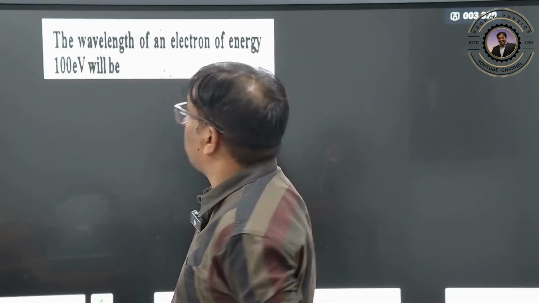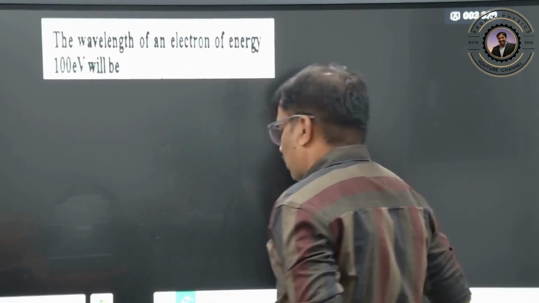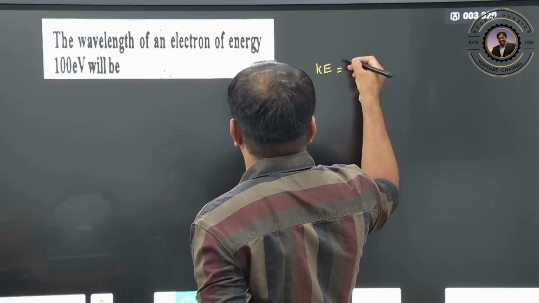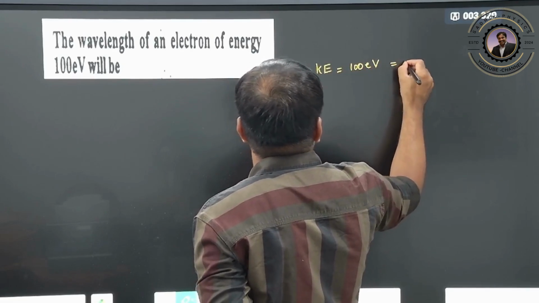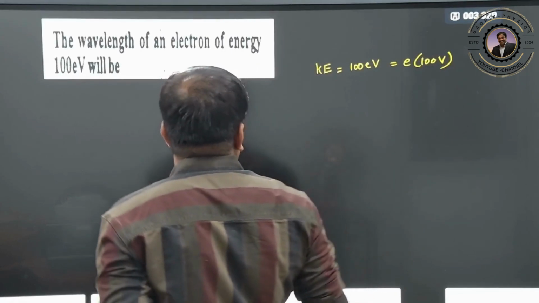So, he is asking the wavelength of an electron having an energy of 100 electron volt. Just now we said kinetic energy can be written in terms of electron volt, and it is given as 100 electron volt. So, you can write down e into 100 volts. So, he gave the potential difference as 100 volts.